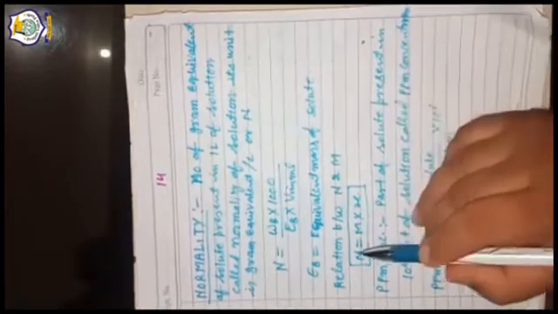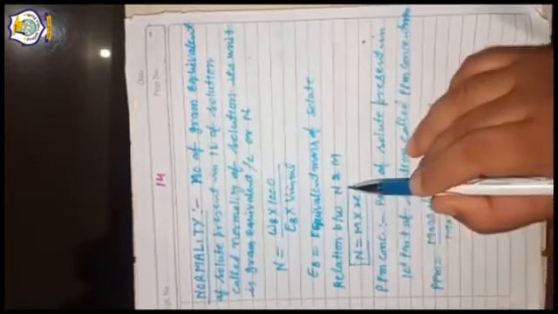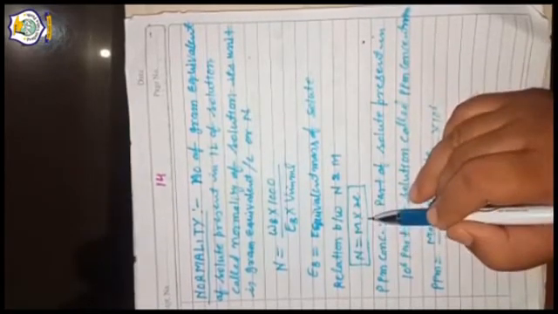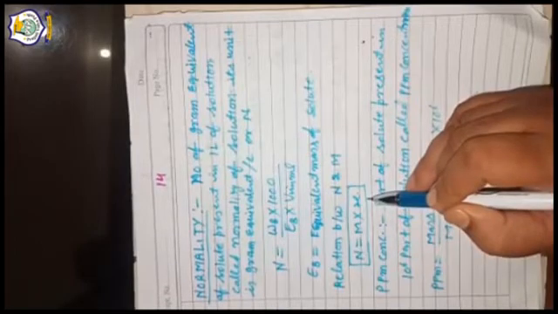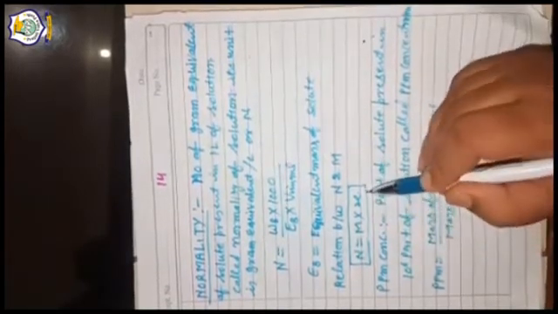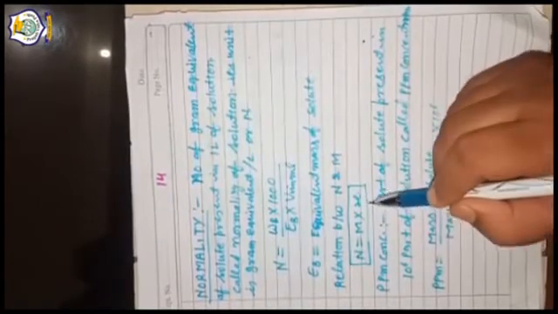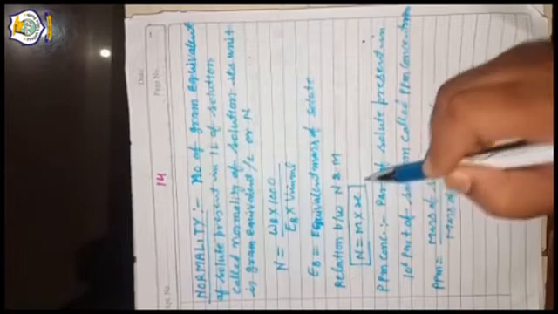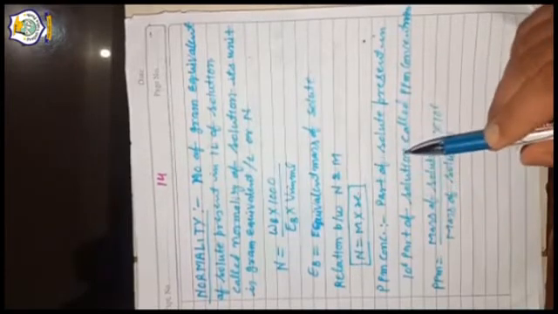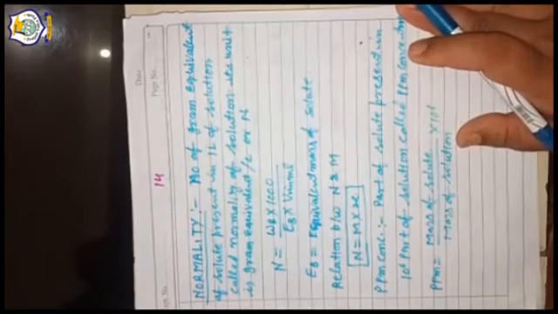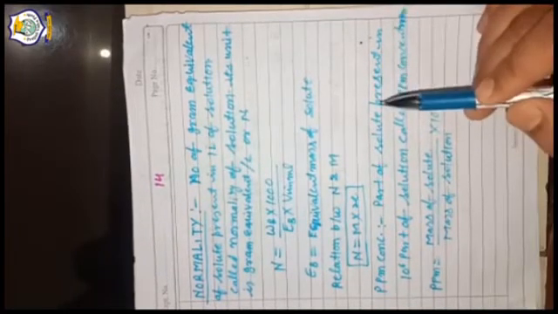The relation between normality and molarity is expressed as n equals m into x. In case of acid, the value of x is equal to the basicity. In case of base, the value of x equals the acidity, and in case of salt, the value of x is equal to the number of total positive charge or total negative charge.